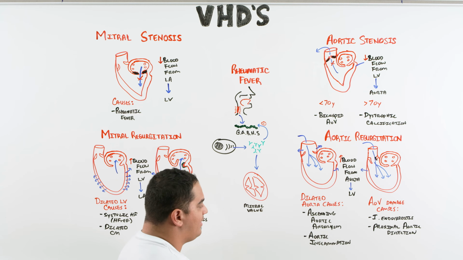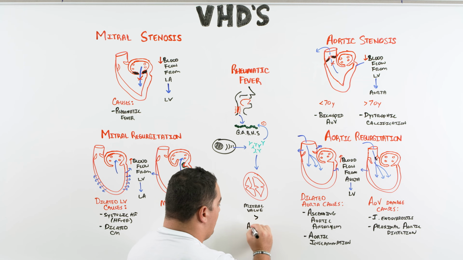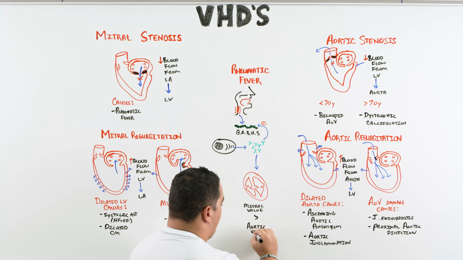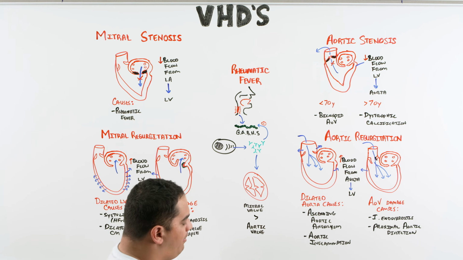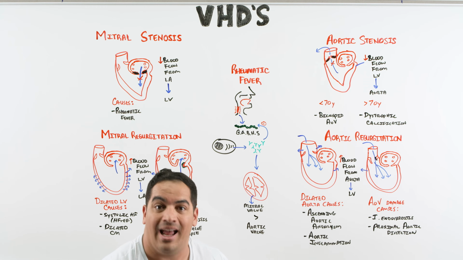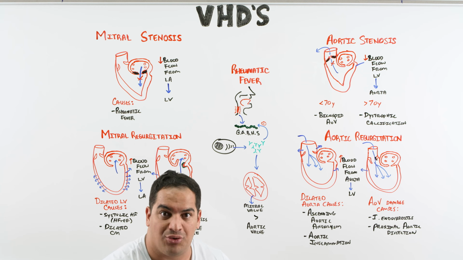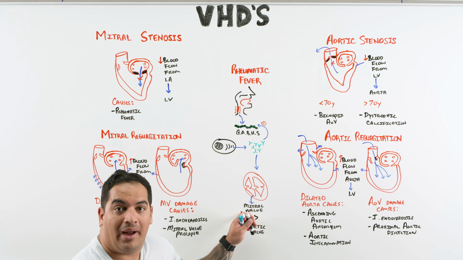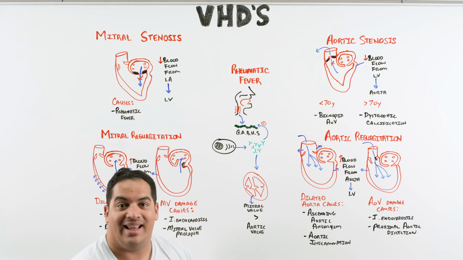Then after that, it would be the aortic valve. So what you're gonna see is some type of valvular heart damage. You're gonna see a lot of damage to the actual valves, but it's gonna prefer to hit the mitral valve and then after that hit the aortic valve.